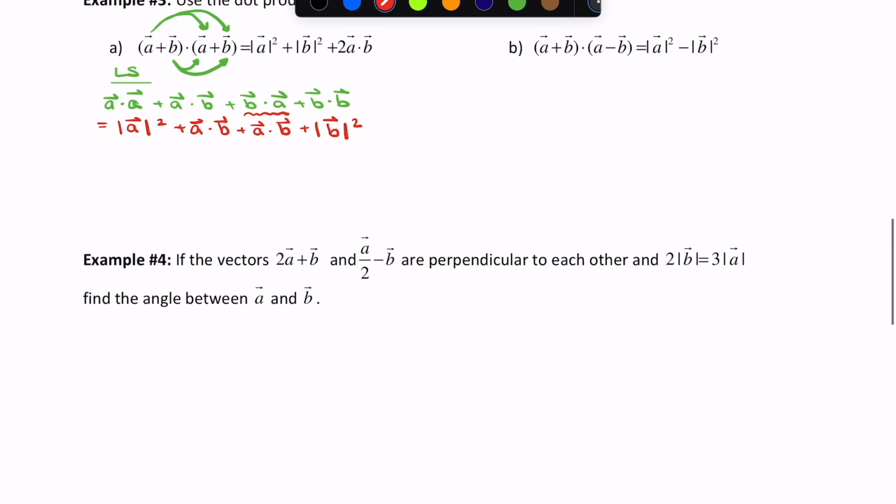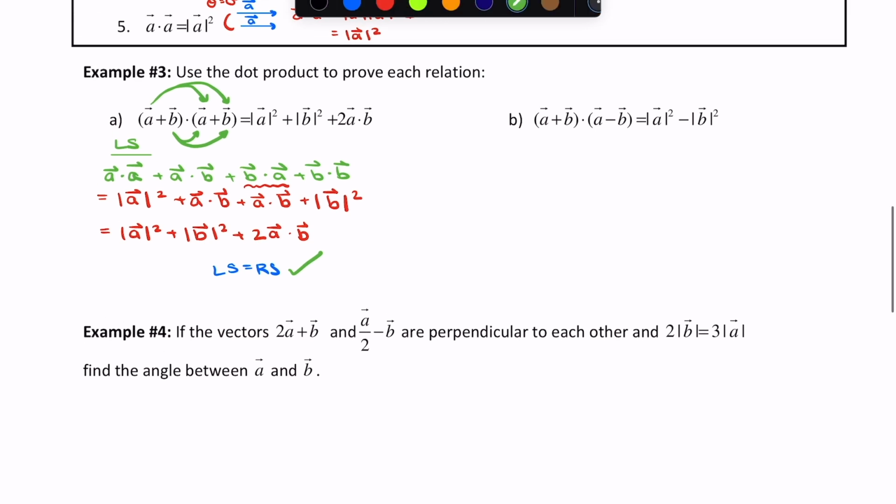And so here you get vector a squared plus vector b squared plus 2 vector a times vector b. And so here we see that our left side is equal to our right side.